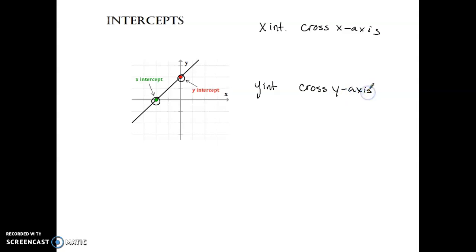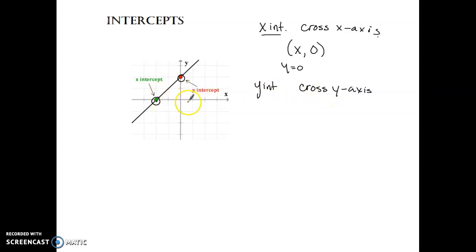So let's look a bit at this. When it crosses the x-axis, you can actually find the coordinates for that point. What you'll notice is that there is some x value, but the y value is going to be 0, because when you cross the x-axis, you haven't moved up and down on the graph.